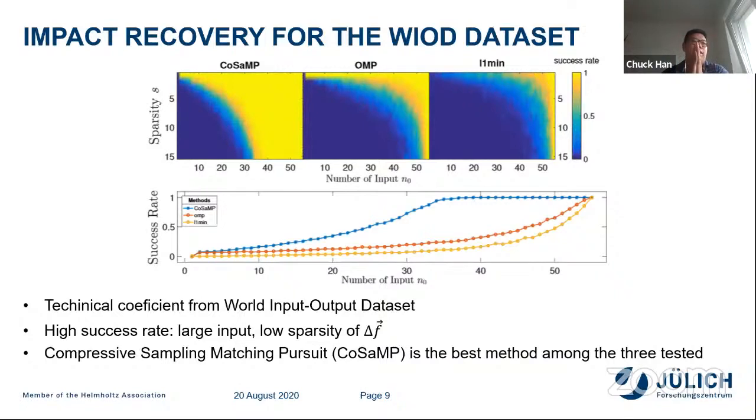So up to 15 means there are not more than 15 sectors being affected by this disaster, let's say. That will be sparse. If more than 15, we don't think this is a sparse signal anymore. It will be more difficult to compute. Of course, 15 is just an arbitrary number we found. So that was my clarification.